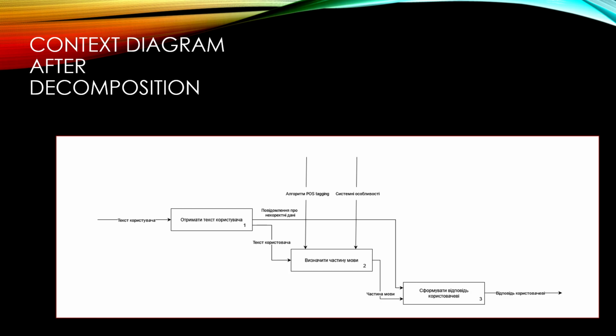As input, we have the text of the user, and the output of the first process is either the text of users or information about incorrect data.